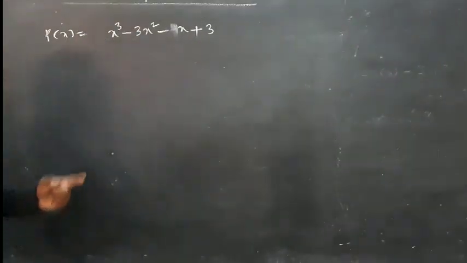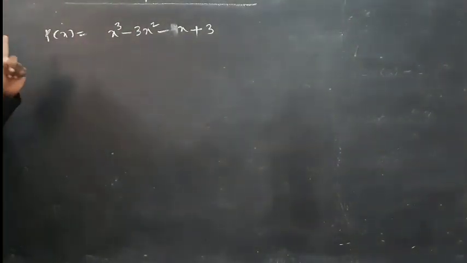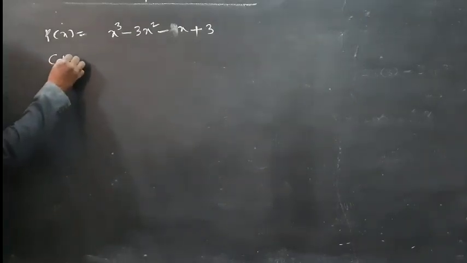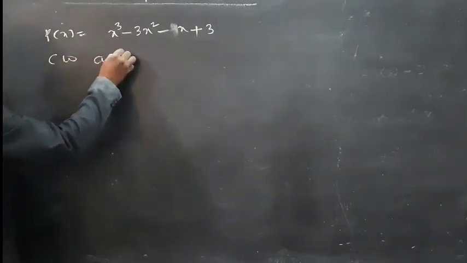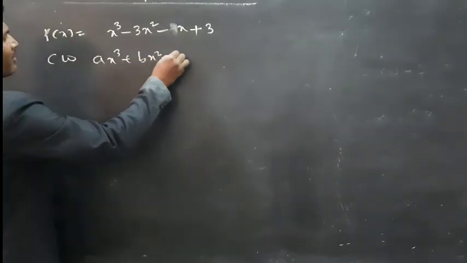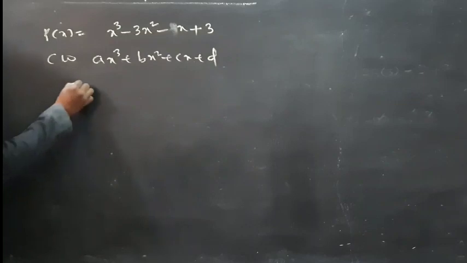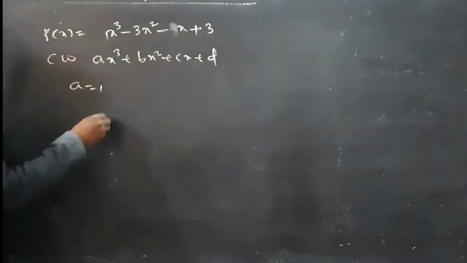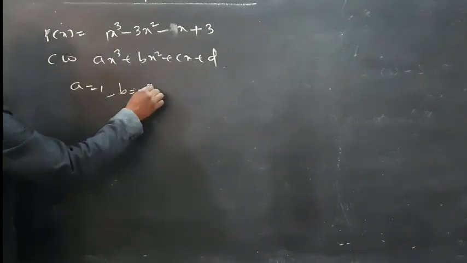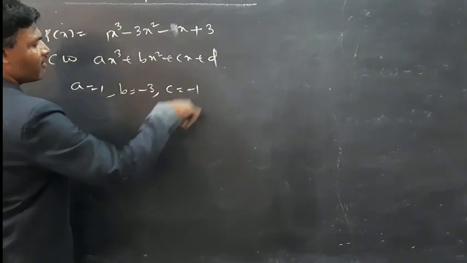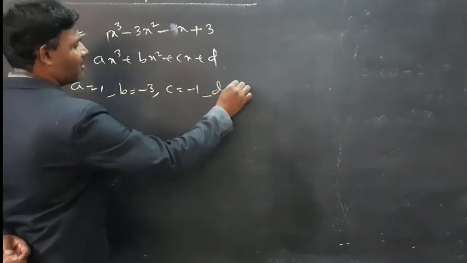Students, here given polynomial p of x is equal to x cube minus 3x square minus x plus 3. Comparing with ax cube plus bx square plus cx plus d, by the comparison, what we can get? A is equal to 1 and b is equal to minus 3, c is equal to minus 1 and d is equal to 3.